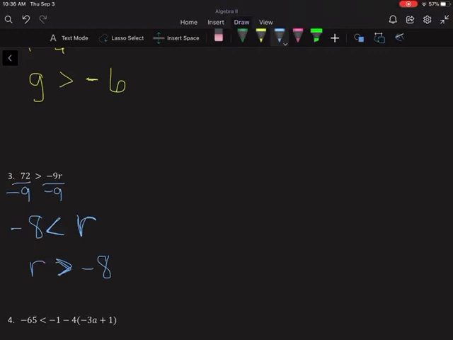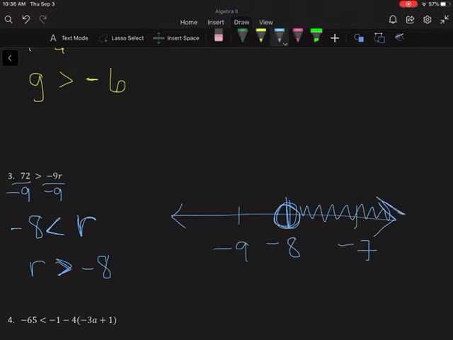I switched it around because if you read it, negative 8 is less than r. That's technically not what we want to discuss. We want to say r is greater than negative 8. Okay? And it doesn't have an equal to, so it's an open circle, and it's greater than.